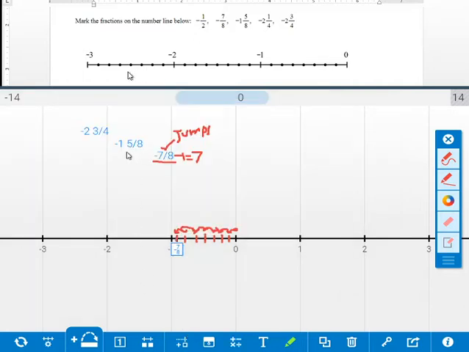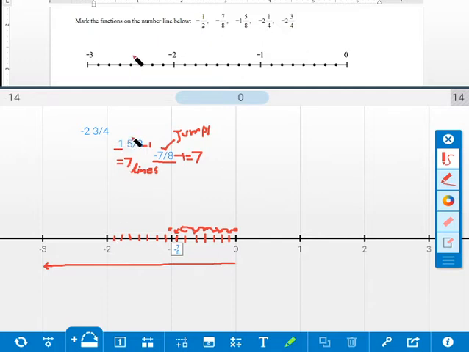Now come to the next number, which is minus 1 whole 5 by 8. We'll be starting with minus 1. So minus 1 is here. This is our starting point. Because we are moving towards negative numbers, we'll be moving towards the left side. The denominator 8 means 7 lines, so we are drawing 7 lines here again: 1, 2, 3, 4, 5, 6 and 7.